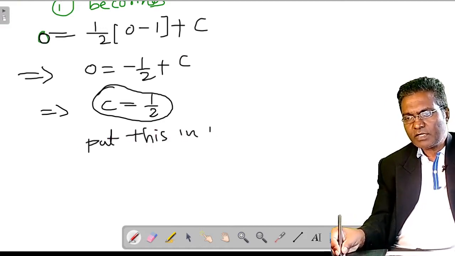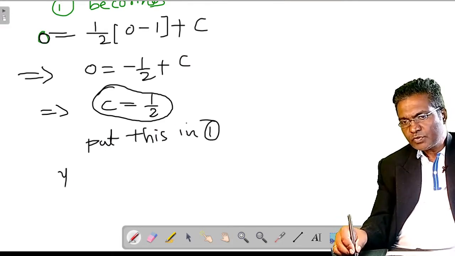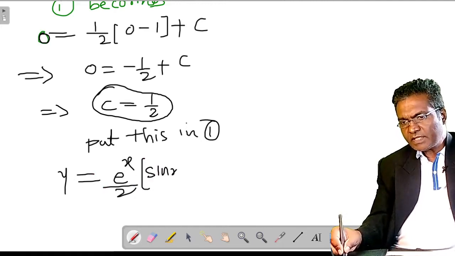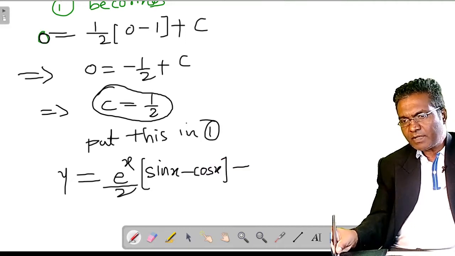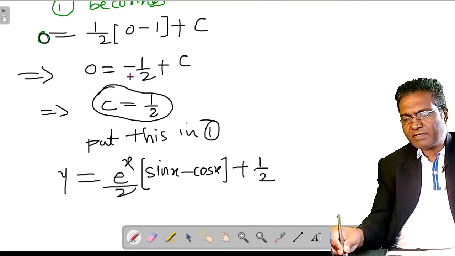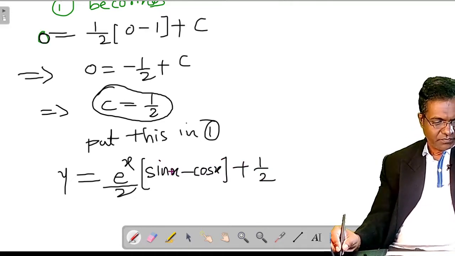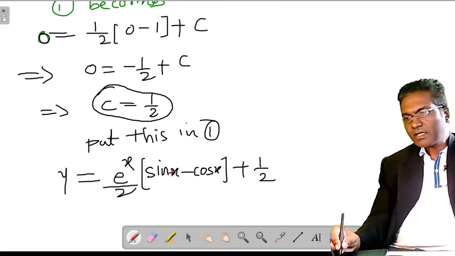Put this in 1, so y equals e power x by 2 times sin x minus cos x, and we had plus c there, so plus 1 by 2. So this is to be remembered.